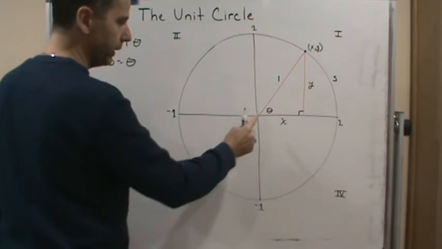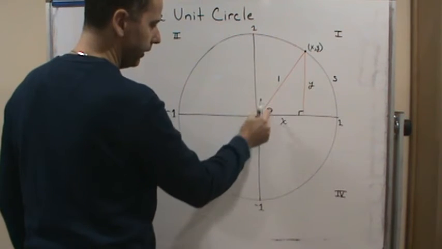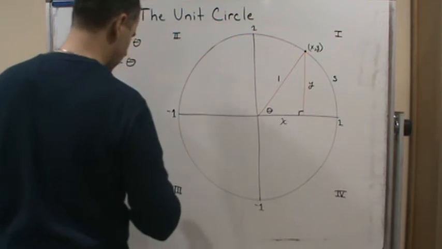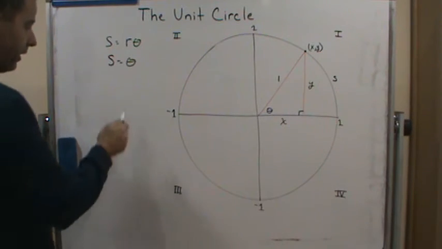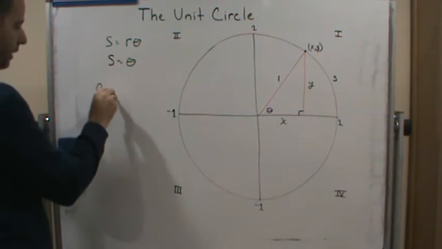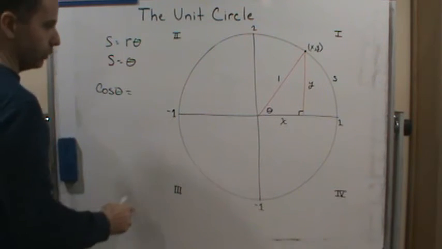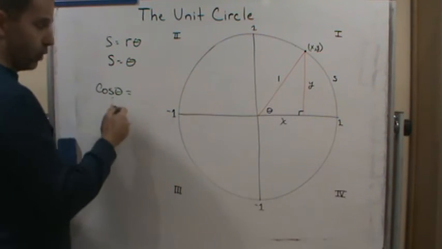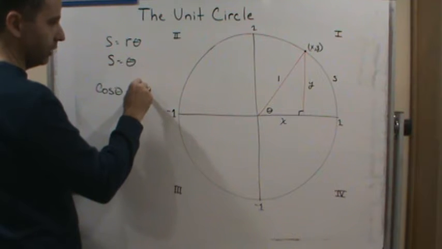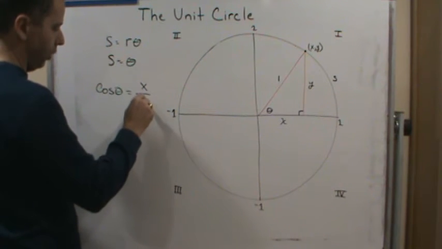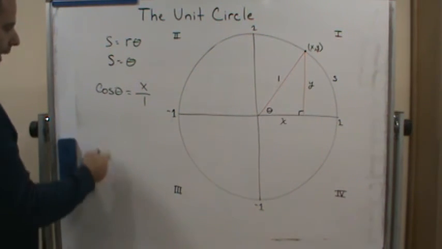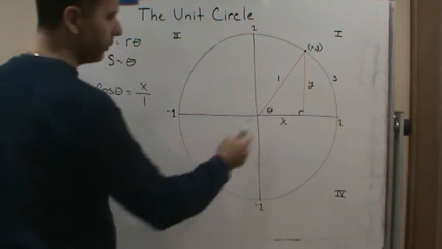Cosine, right? So we can relate the x to 1 by using the cosine of theta. So we know cosine of theta equals what? Adjacent over hypotenuse, right? So we get x over 1. So we get x is equal to cosine theta, and we can do the same thing for y.